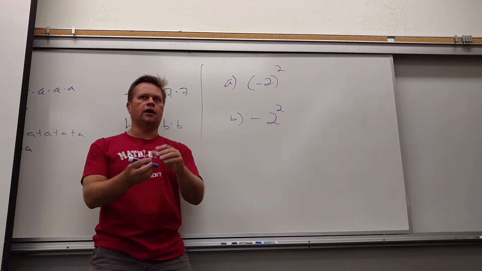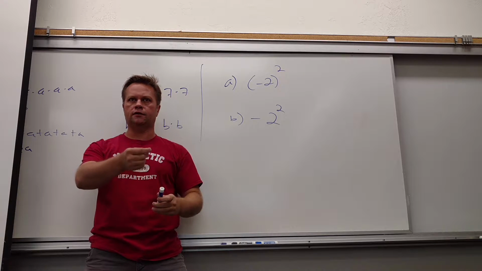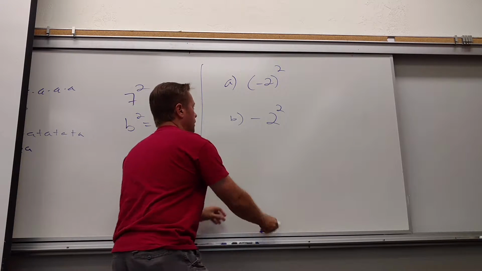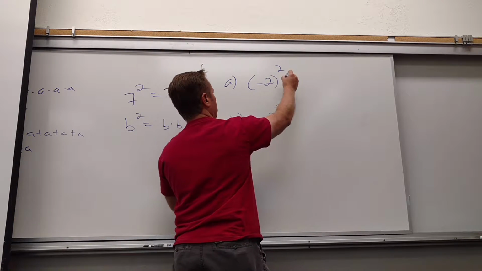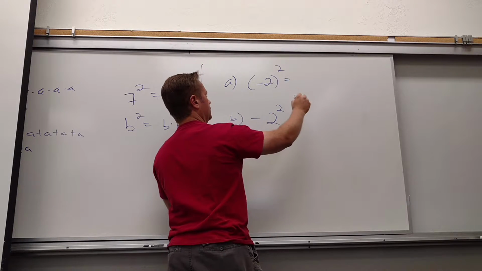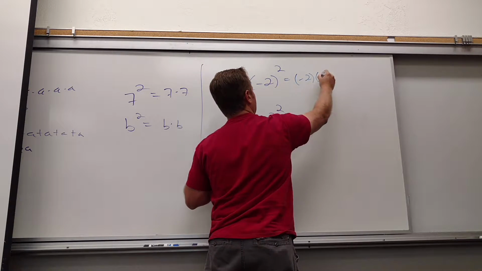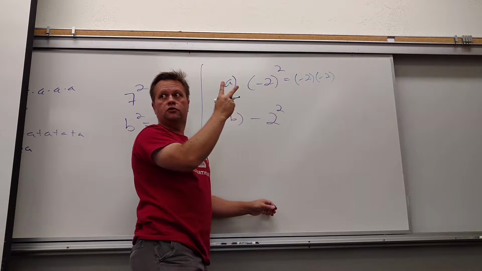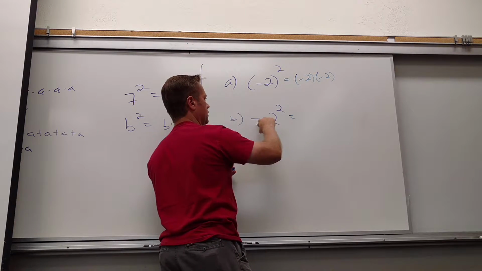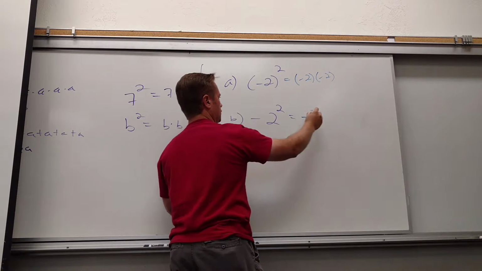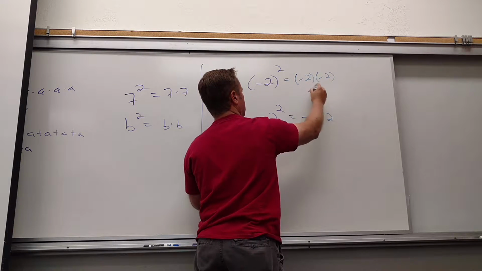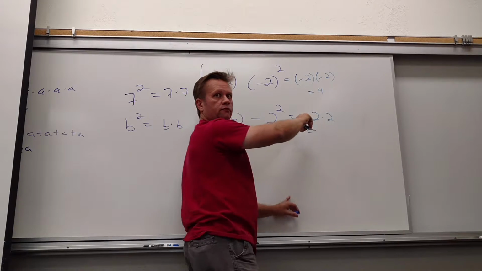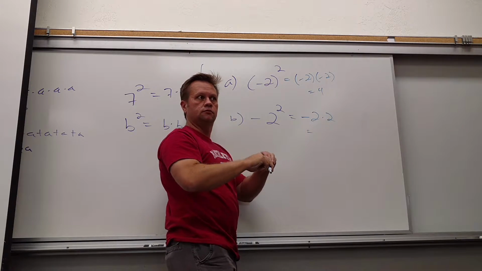Now when you square a negative real number, negative times negative is positive. And sure enough, because what does it say I have 2 of? 2 negative 2's. Now here, what do I have 2 of? 2 2's. Because that negative is just sitting there. So here the negatives kill each other. Here there's only one negative, no other negative to kill them.